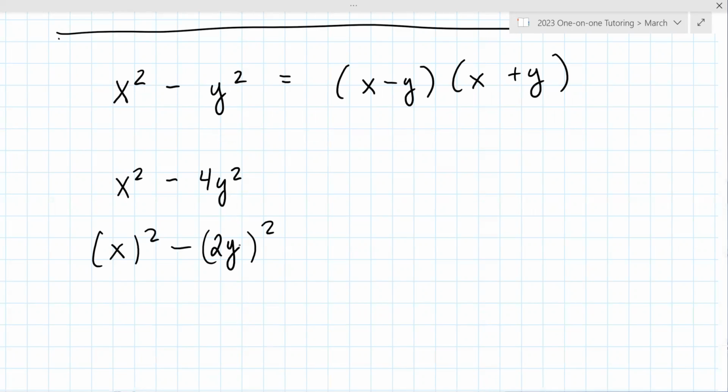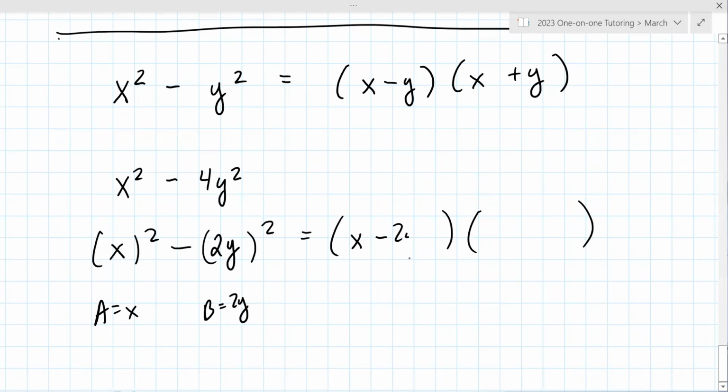So that's your A, your A is x, your B is 2y. So your A minus B can be more than just a letter, more than just a number. It can be a letter and a number. So do you see how this would become x minus 2y, x plus 2y? You got to figure out what it is that's being squared to get you back to the previous line.